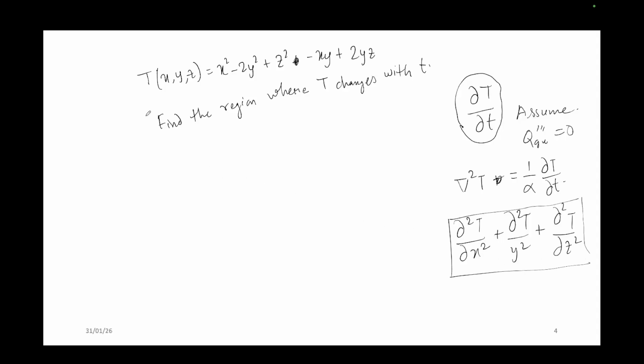So individually I need to find them. With respect to x square, first I find the single derivative. With respect to x it is 2x minus y, this one will be 0, this one will be 0, and after the second derivative we will get 2, right?